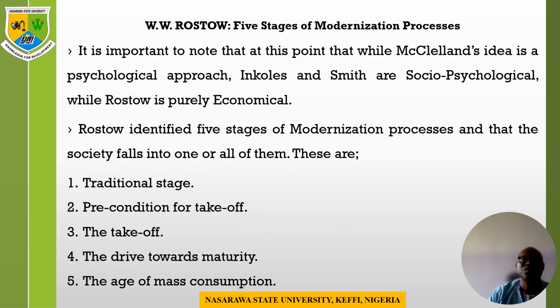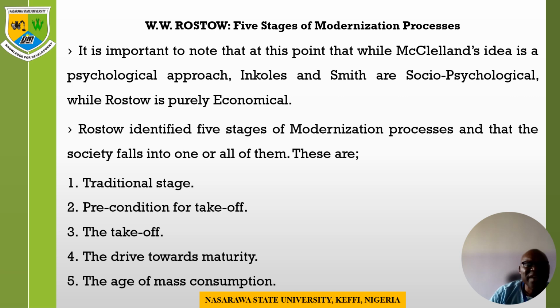The third theory under the modernization school is W.W. Rostow's five stages of the modernization process. It is important to note at this point that while McClelland's idea is a psychological approach, Inkeles and Smith's is socio-psychological, and Rostow's is purely economic.